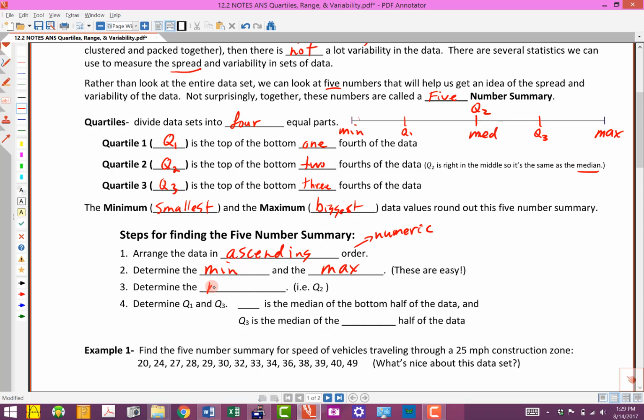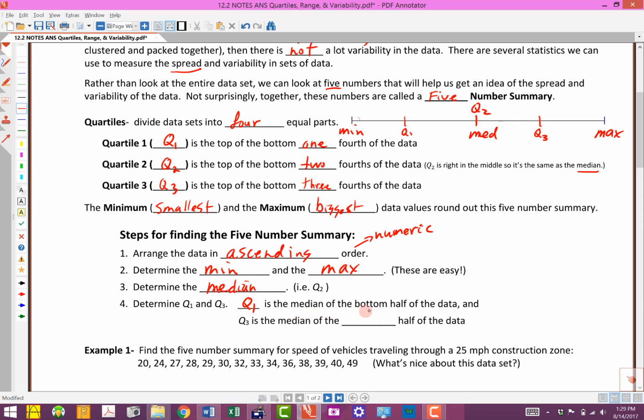And then we're going to determine the median. In other words, determine what Q2 is. We already know how to do that. And then determine Q1 and Q3. Q1 is the median of the bottom half of the data. Now you may run into people that argue about how to find Q1 and Q3, but this is pretty well accepted, and this is how we're going to do it.